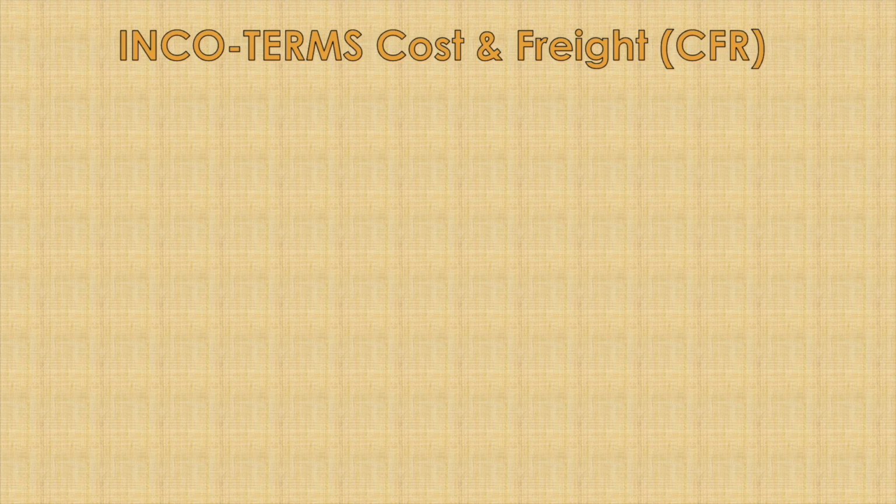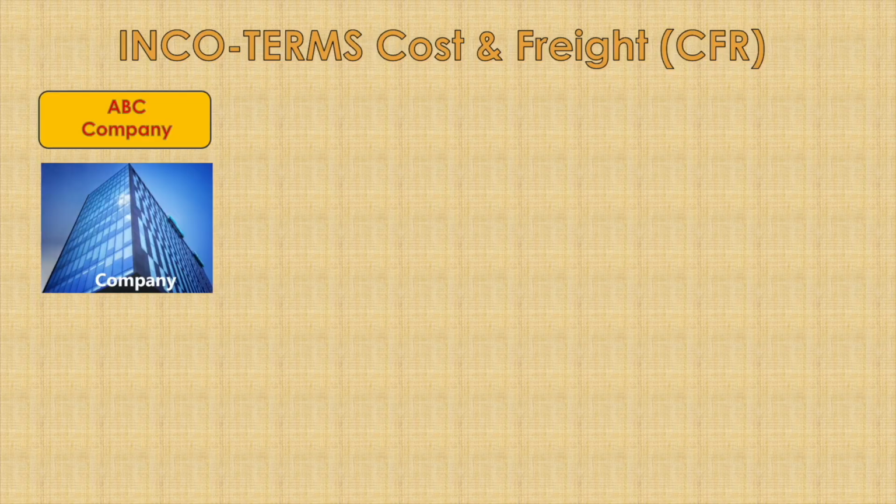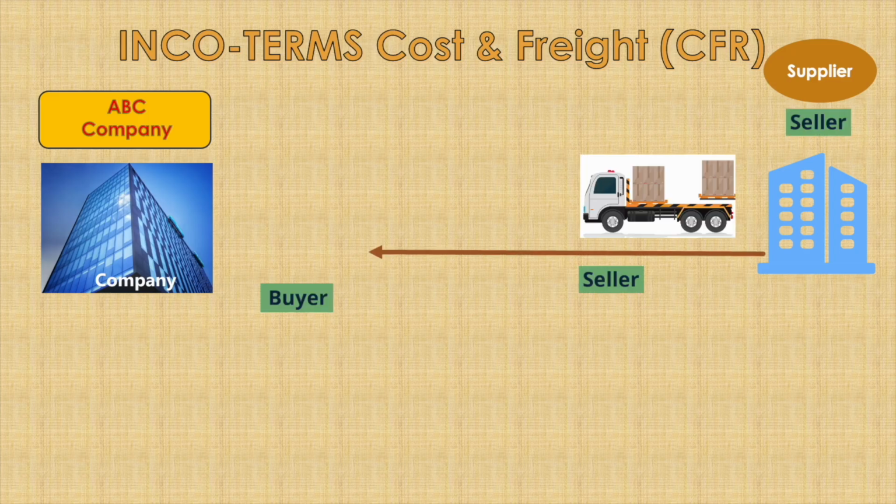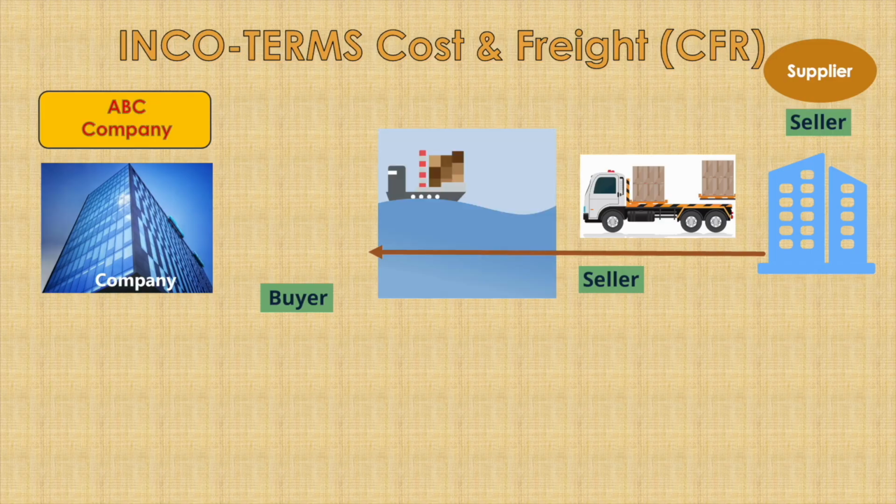Cost and Freight. Next, let's discuss Cost and Freight. Under this term, the seller bears more responsibility. The seller will cover inland transportation, export clearance, loading charges, and even the ocean freight cost until the goods reach the destination port. However, insurance is not included under CFR.